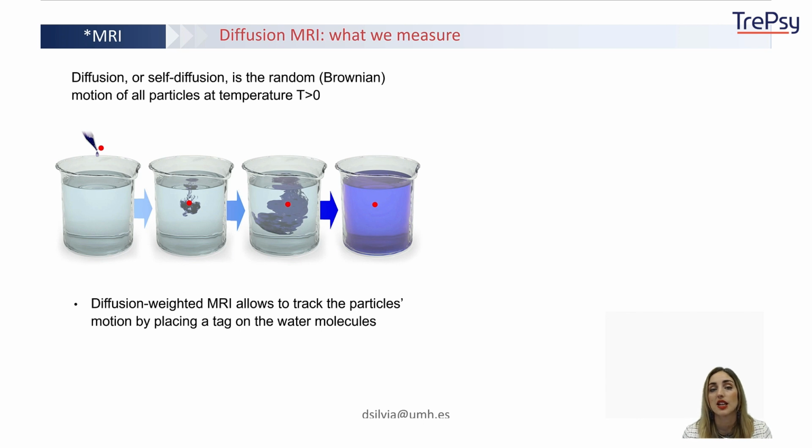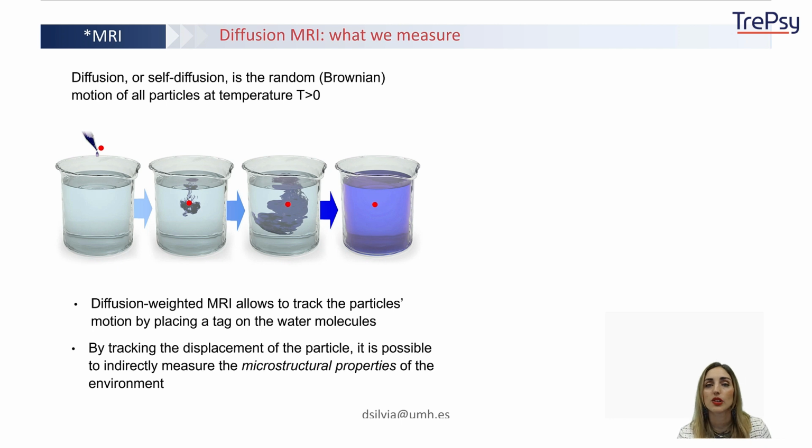As you can see, this random Brownian motion of all the particles happens in normal life, because if you drop colored ink into the water, the ink will start to diffuse in the recipient until it has completely filled it. This can be visualized by diffusion MRI, by this way of tagging.